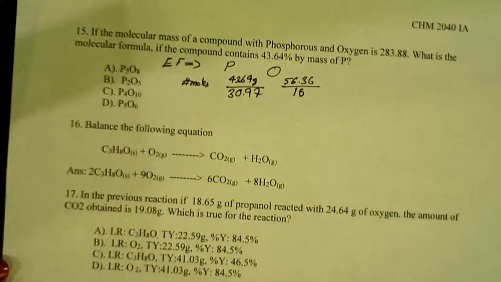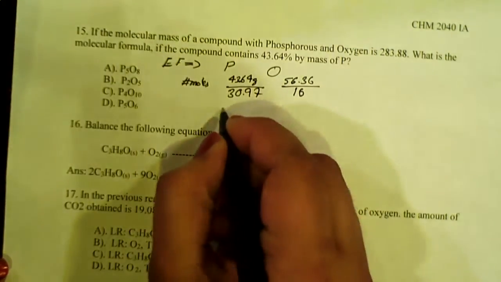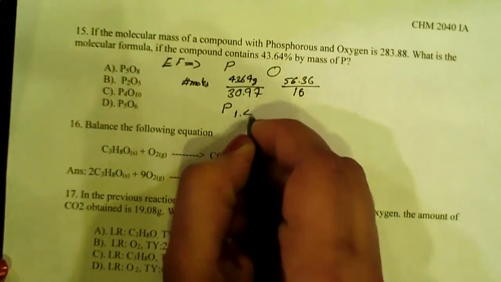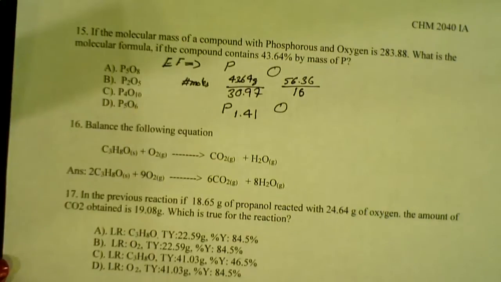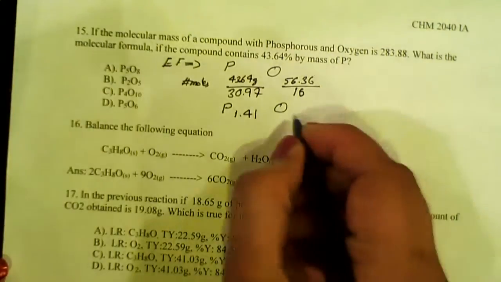and the number of moles of oxygen will be, if you have 43.64% of phosphorus in that compound, then the percentage of oxygen will be, subtract that from 100, it will be 56.36 over the atomic mass of oxygen, which is 16.